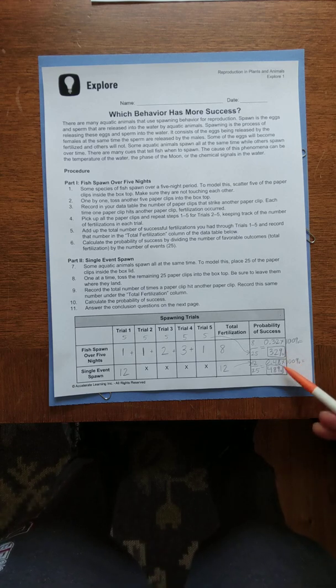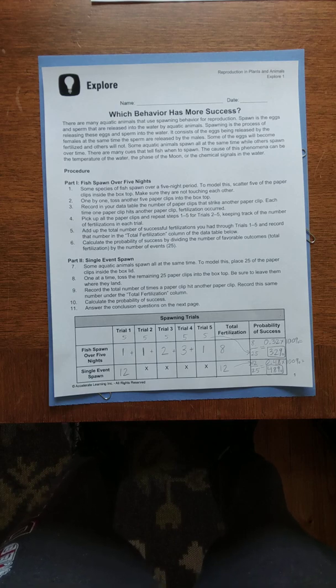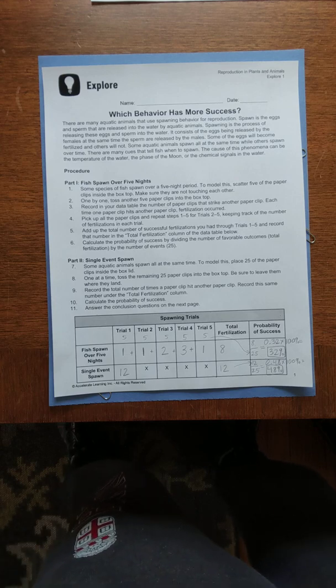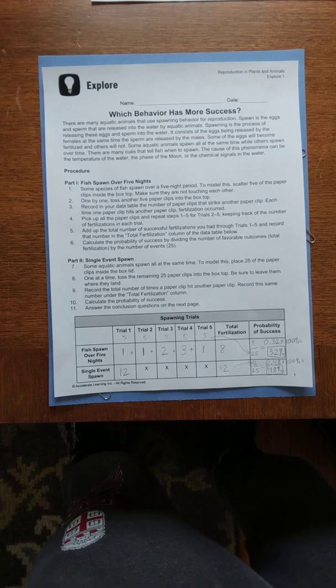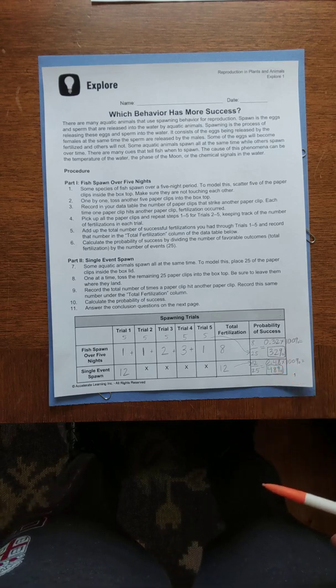When we've calculated the probability of success, that tells us how successful that reproduction type is. The higher the success rate, the closer to 100%, the more successful it is. So you can draw some conclusions based on your data in the analysis questions.